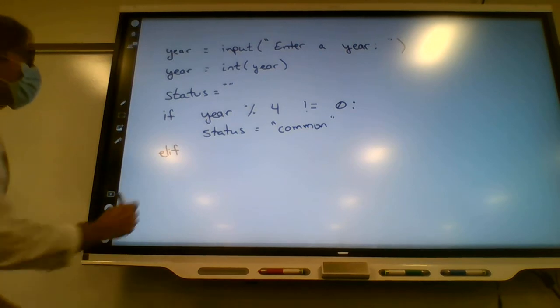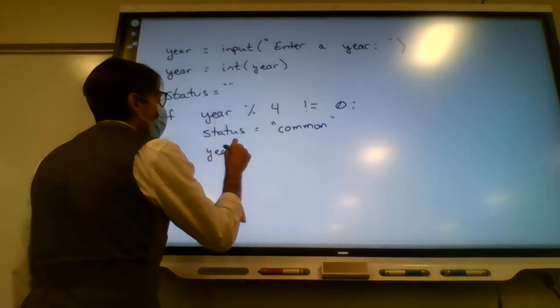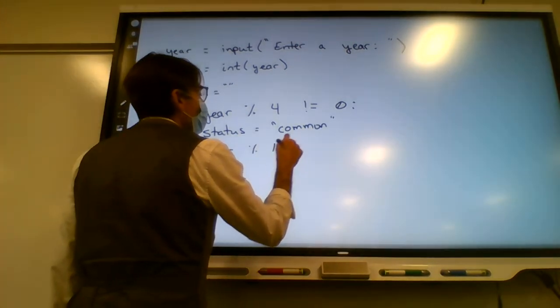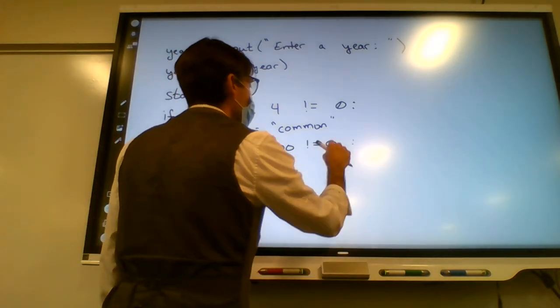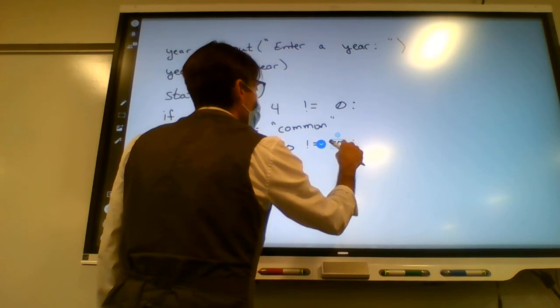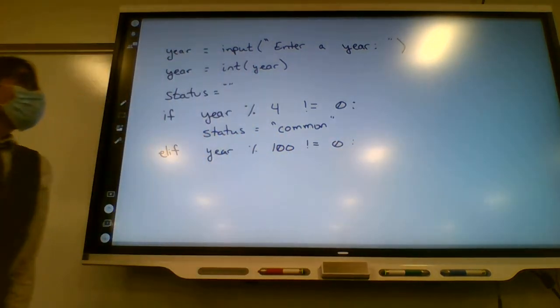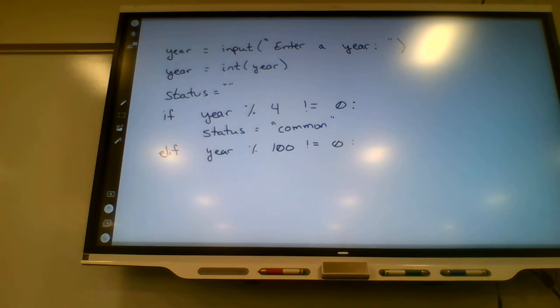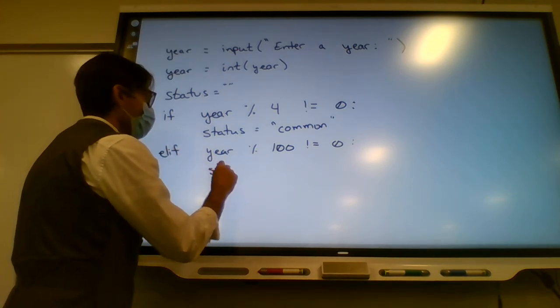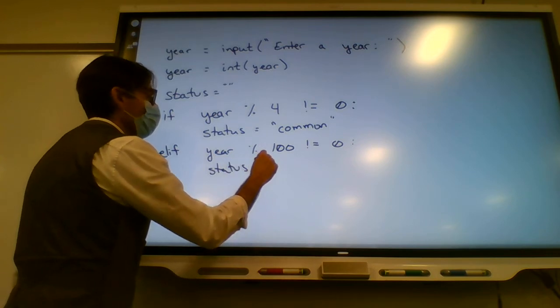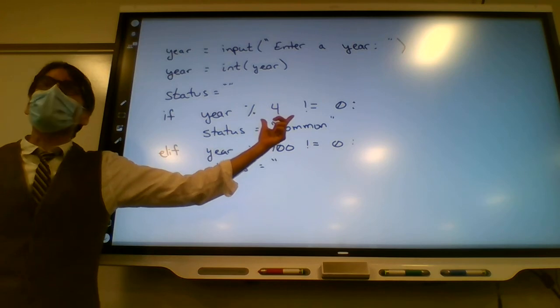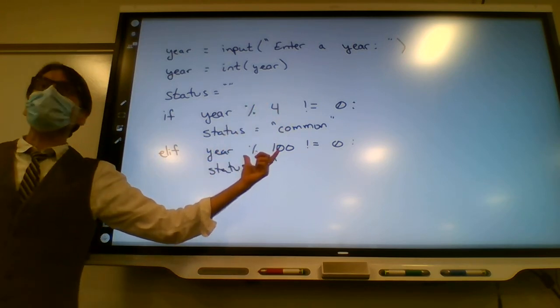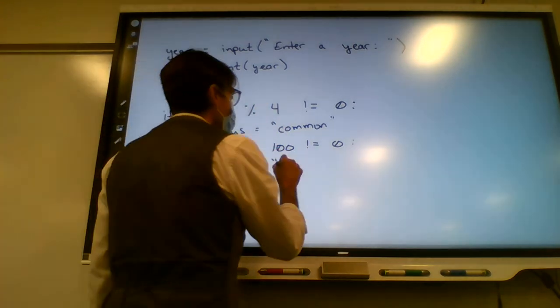So what do we automatically know about it? It is divisible by 4 and not divisible by 100, so it is a leap year.